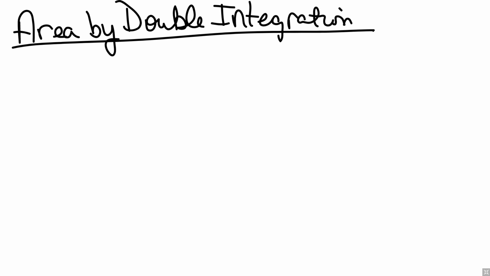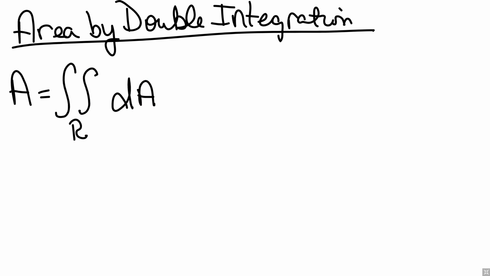If we want to find area by using a double integral, that means the area A is equal to the double integral over the region dA.